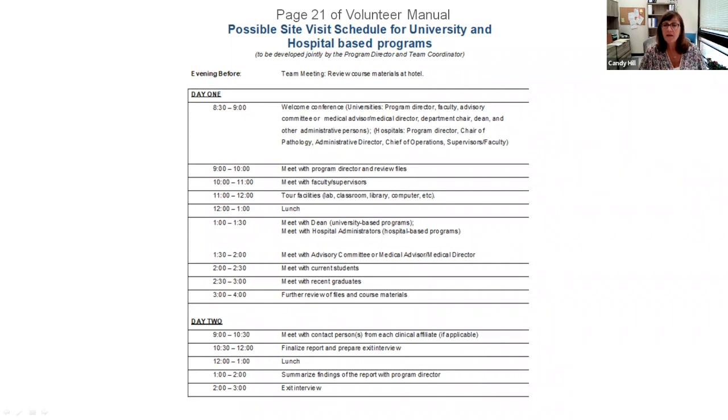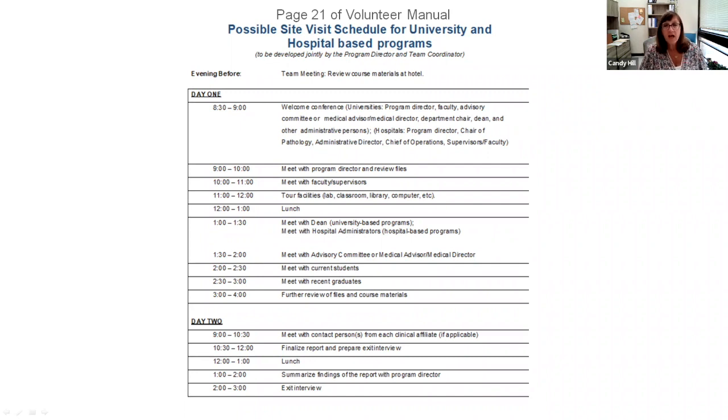Some site visitors like to go to your library, your computer labs, your admissions. It really is going to depend on what your particular team member and site visit team want to see. But there always needs to be some time to walk around campus and look at some of your space.